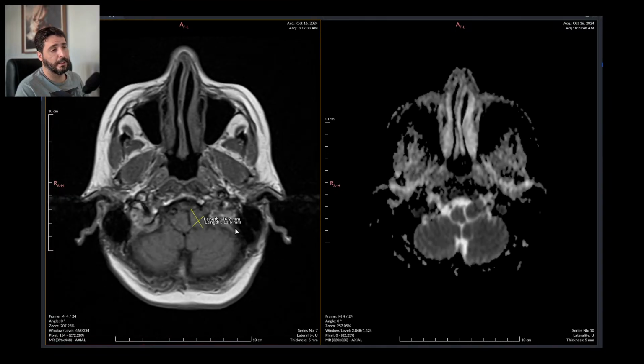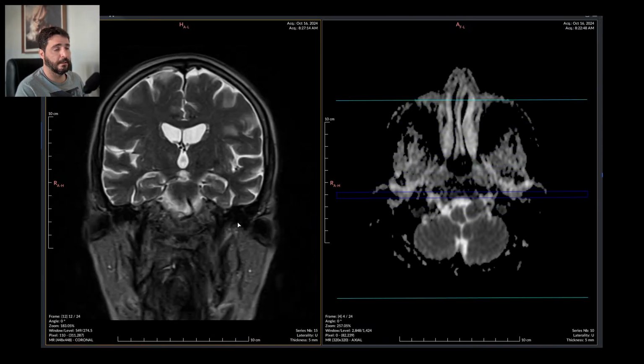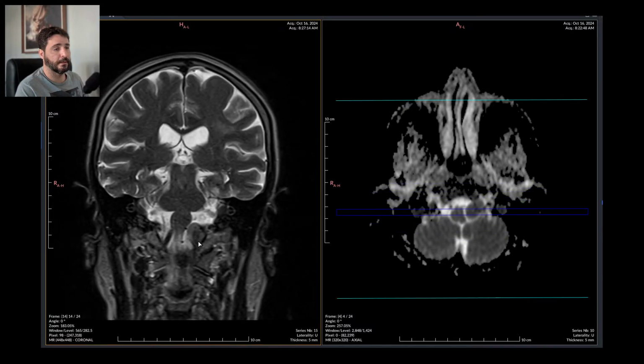Also, we have our meningioma right there that we so thoroughly described and localized. I'm just going to measure it from top to bottom. It's 1.5, so it's enough. We have it. We are going to report it just like that.